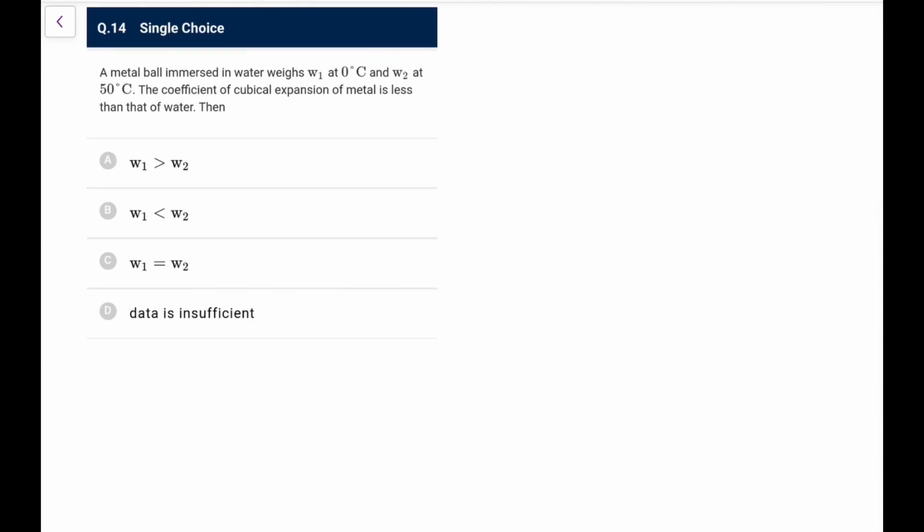Next one: a metal ball immersed in water weighs W1 at 0 degree and W2 at 50. The coefficient of cubical expansion of metal is less than that of water. First of all, let me have the FB value. FB is rho of water into volume of the ball into g.